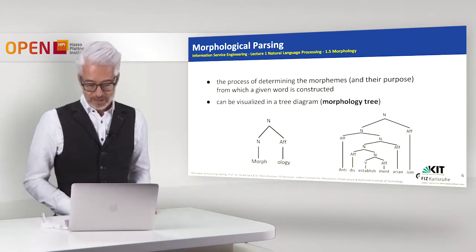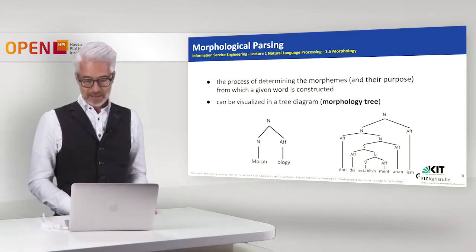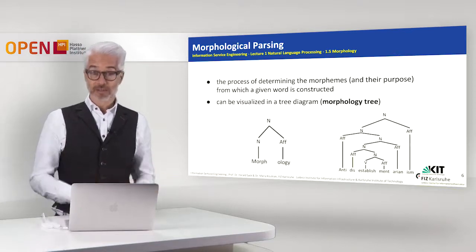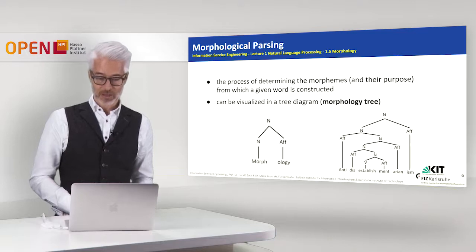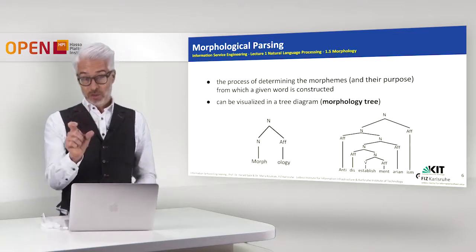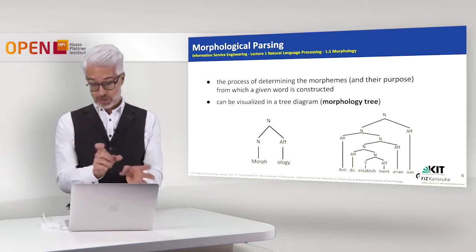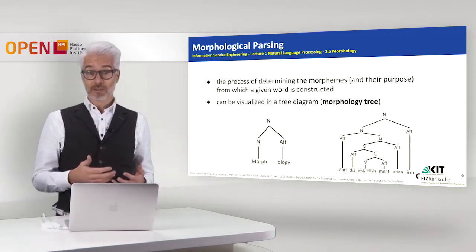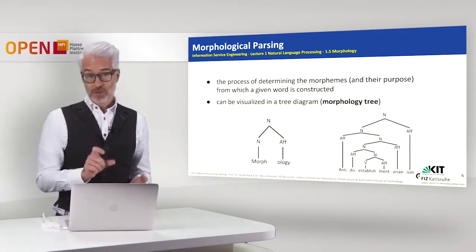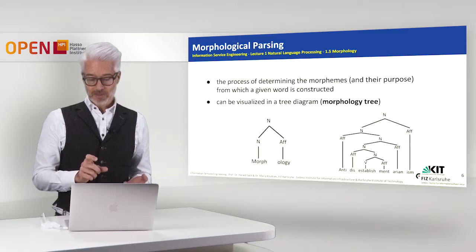On the left side, you see a much longer word, anti-disestablishmentarianism, and you see then, of course, that the morphological parsing becomes much more complex. But in the end, you need to distinguish which morphemes are constituting an entire word, because each single morpheme changes somehow the meaning of the word.